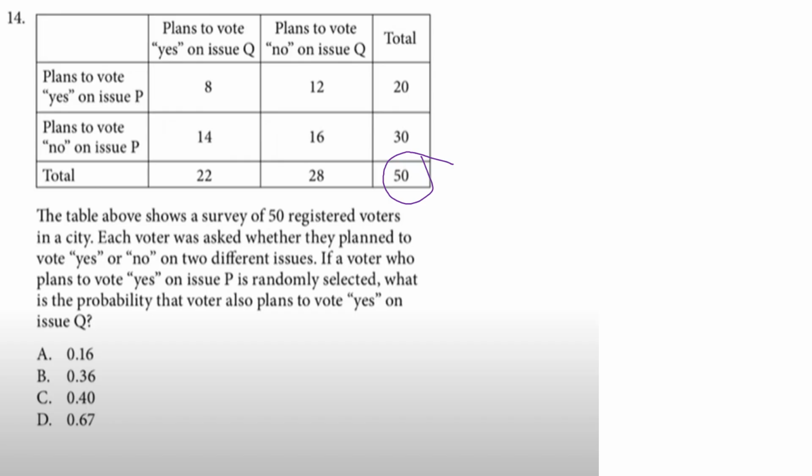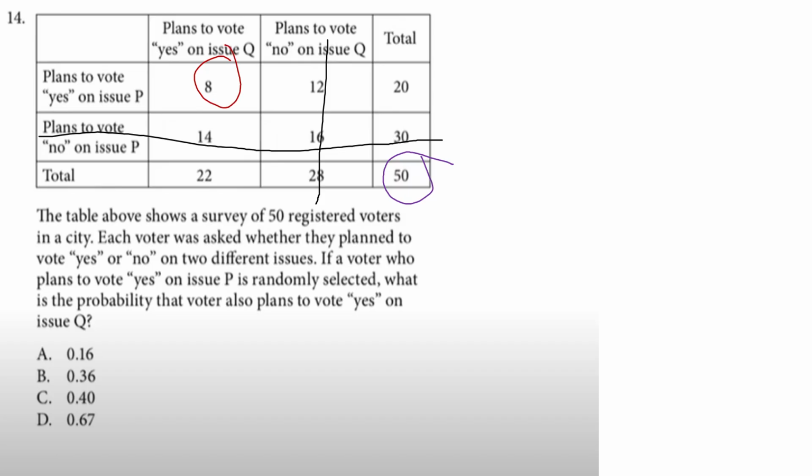So let's look at this. We can already eliminate all these no's right here. And then there's another no right here. So we can eliminate that. That leaves us with 8.